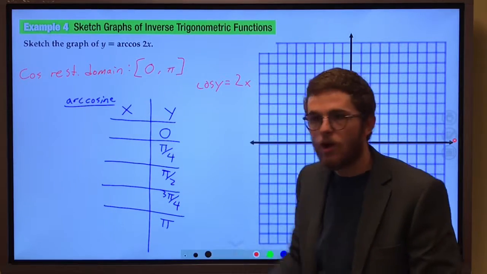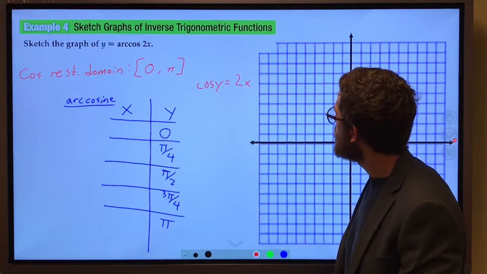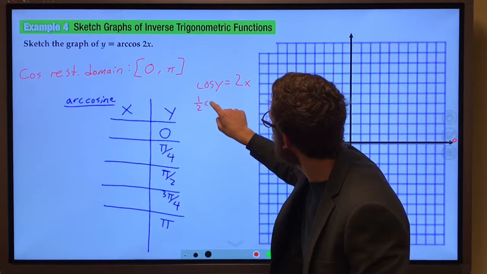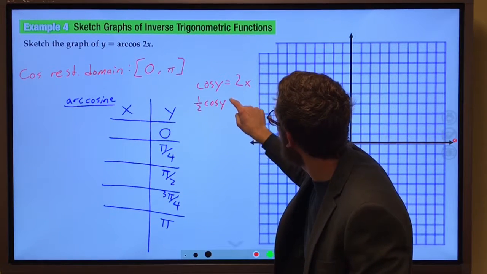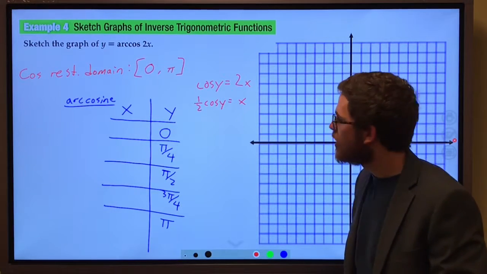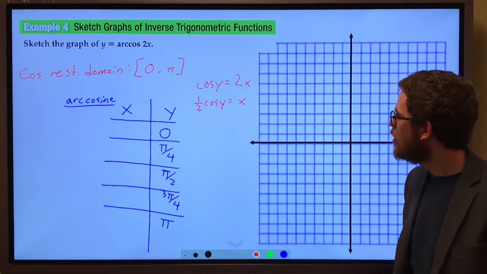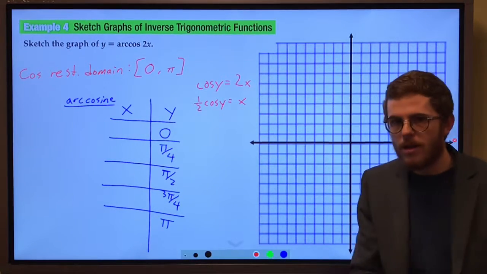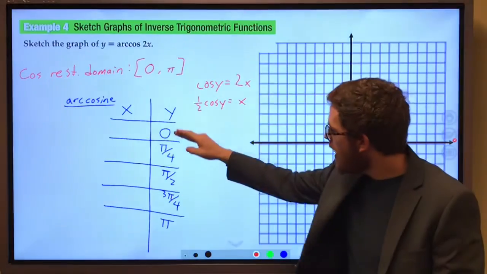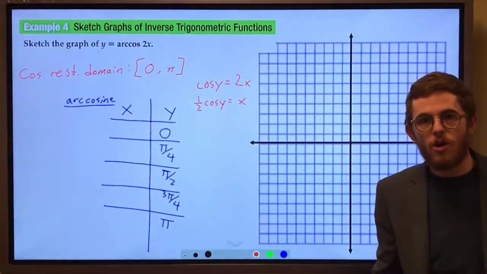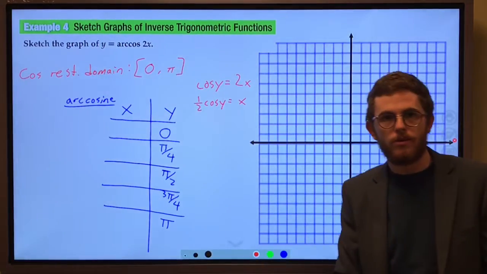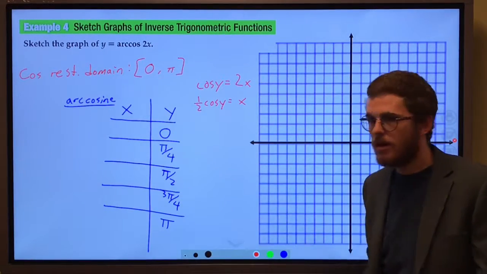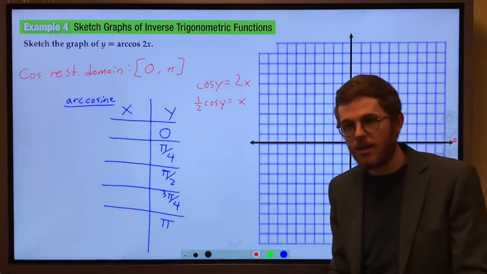If I divide both sides by 2, that would mean 1/2 cosine of y equals x. So essentially, I've got x solved for and I've got y in my problem. Well, I have all these values I need to know the x value for.